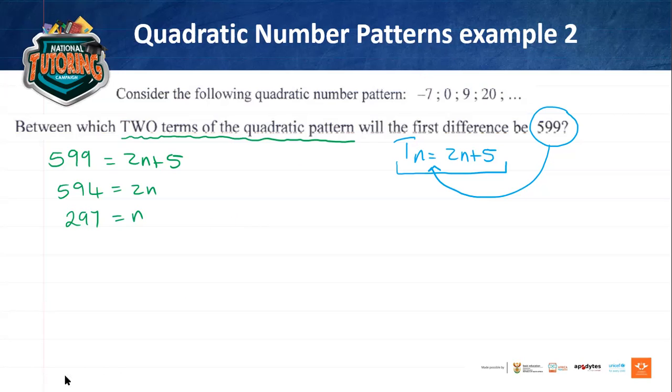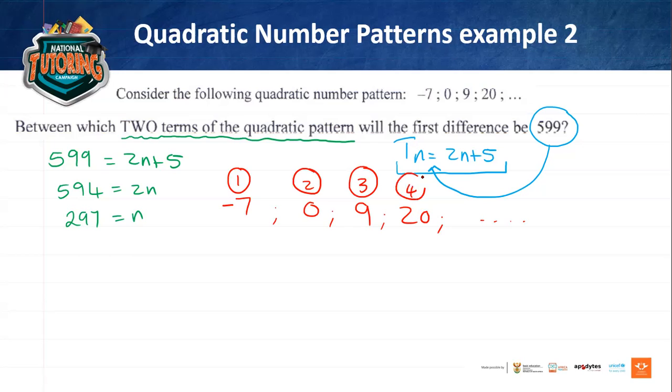So what I like to do is write out my quadratic pattern again. -7, 0, 9, 20, etc. This is my first term, my second term, my third term, and my fourth term, and I need to figure out one of these terms.